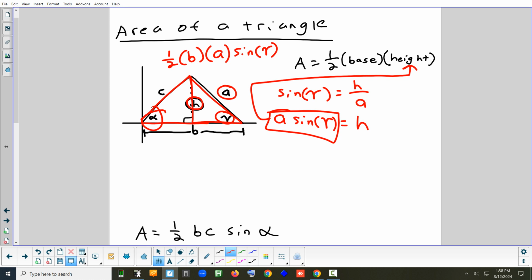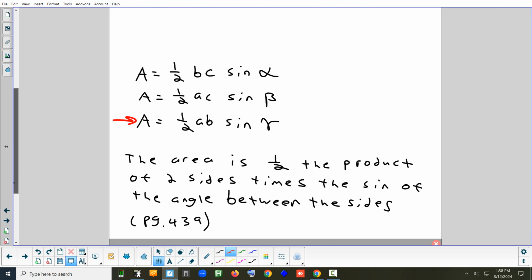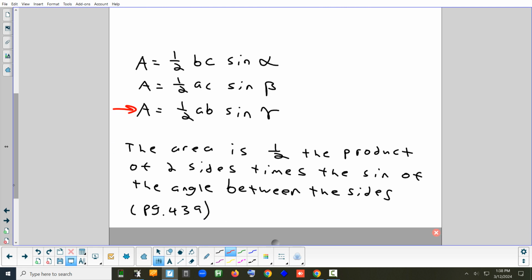If you used A and B, the angle between A and B is gamma. And that's why it's gamma. Okay, so that's another formula for the area of a triangle. 1/2 the product of the two sides times the sine of the angle between them. So this formula really builds in finding the height for you when you don't know it. It's just part of the formula. It figures it out. Any questions on those three formulas?